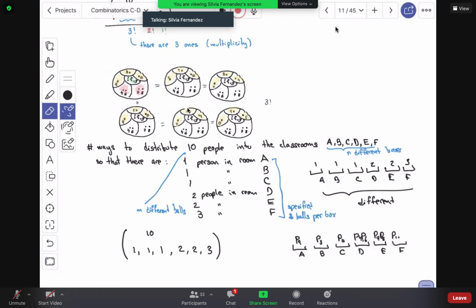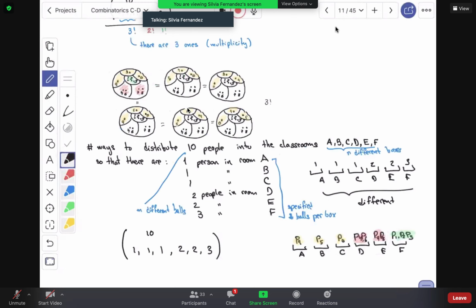Oh, this was supposed to be 5. Sorry, I'm trying to go with the equivalent to this distribution, this partition. Okay, and so here I have P1, P2, P3. So you see, that's the equivalent to my first partition. That's equivalent to this one right here.